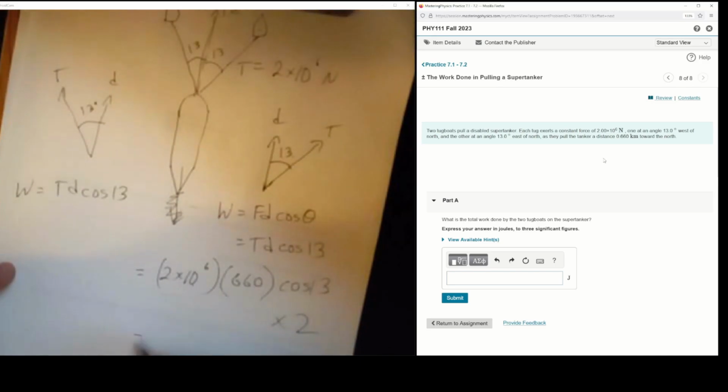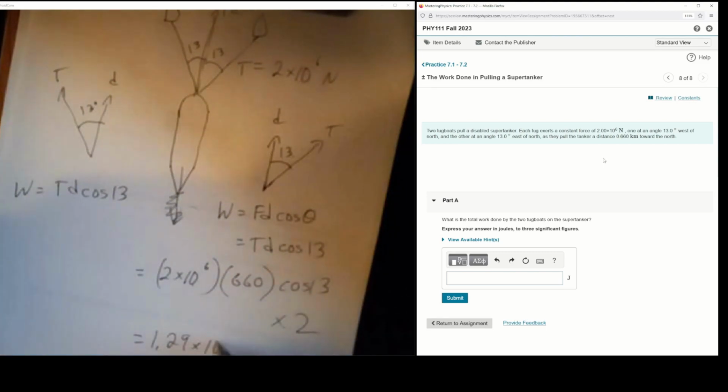Just to be clear, it is 1.29 times 10 to the 9th, and that's what I'm going to multiply by 2.